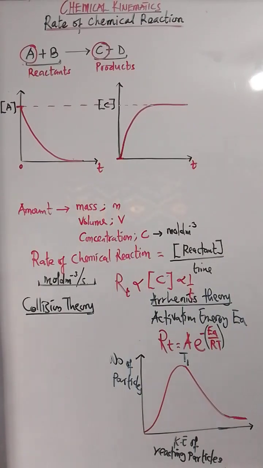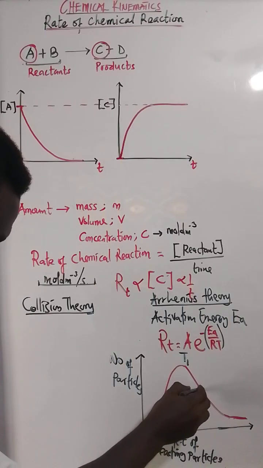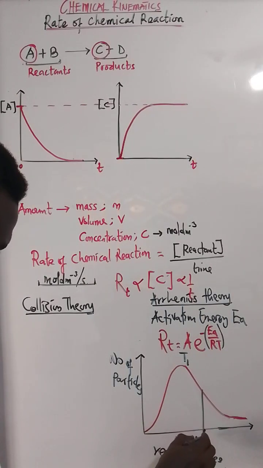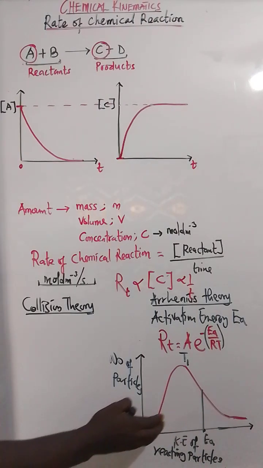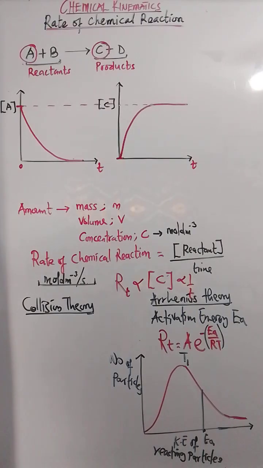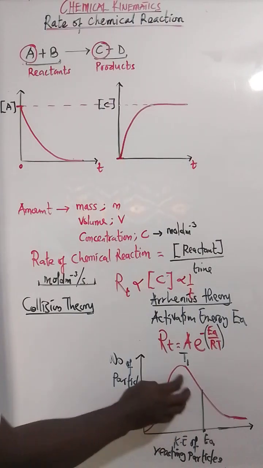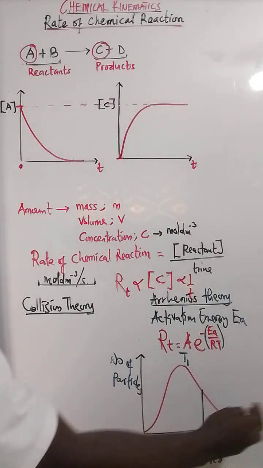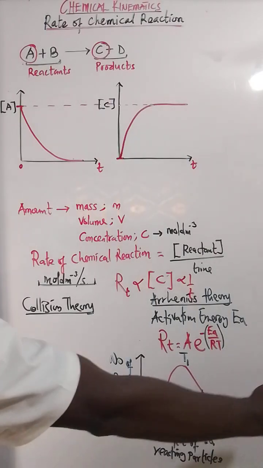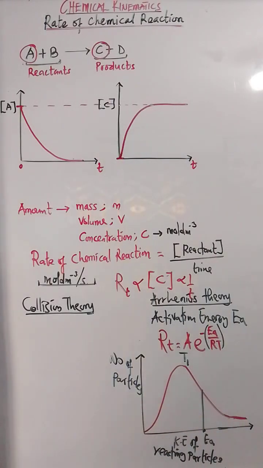Now let's suppose the activation energy is this. So this energy here is the activation energy. It means all the molecules here, their energy has not reached activation energy, so the collision of these particles will not yield any product. But all these particles beyond this, from the activation energy onward, have effective collision, meaning they have the minimum energy required.